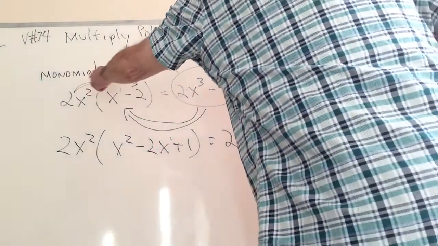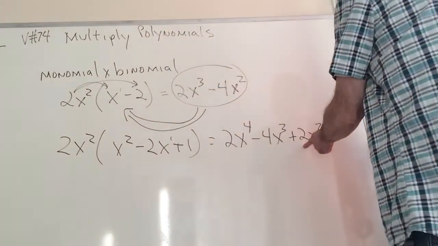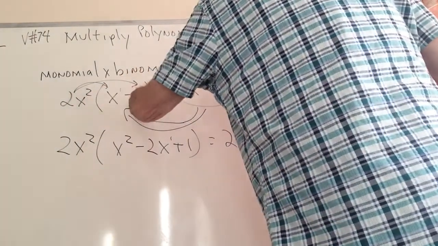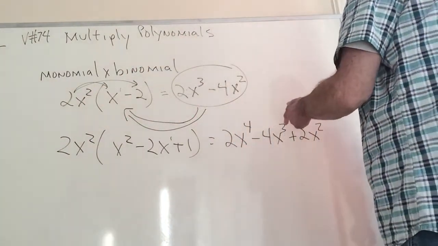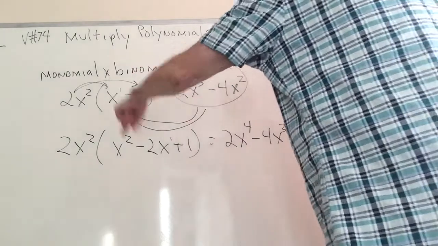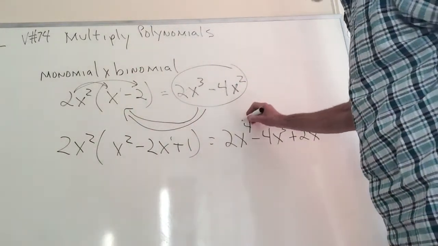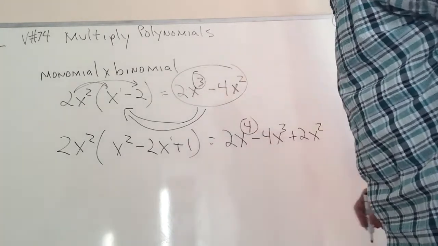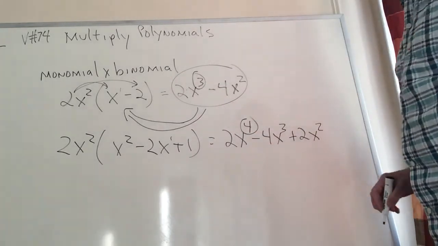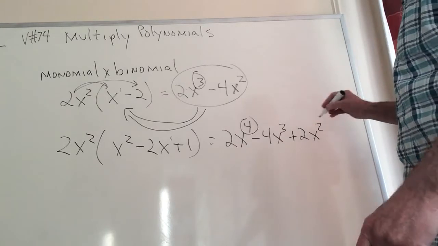So we see that a monomial times a trinomial is always a trinomial. A monomial times a binomial is always a binomial. So it seems like when you multiply something by a monomial, only the degree changes, not the number of terms.